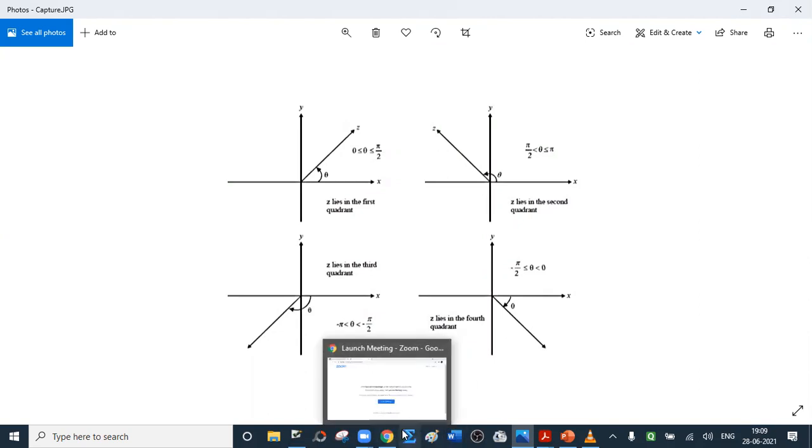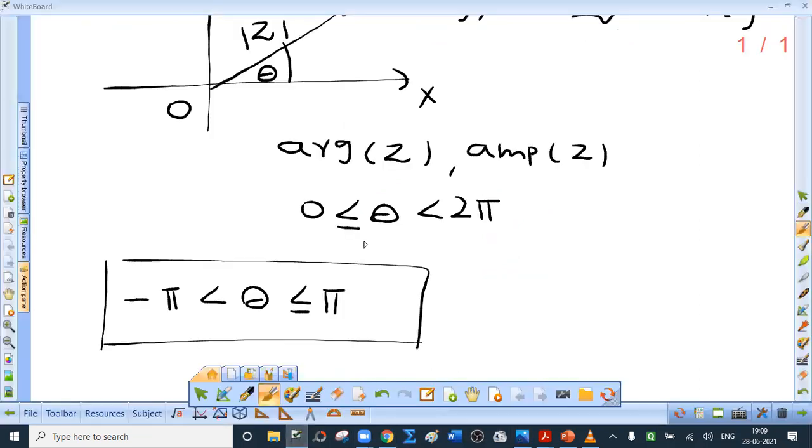But you will notice that in the textbook, they have just mentioned 0 less than or equal to theta less than 2 pi. Now you will ask me then which answer we are supposed to write. We have to follow the textbook only. But in higher mathematics, you will notice that an argument means principal argument. Its value lies between minus pi less than theta less than or equal to pi.